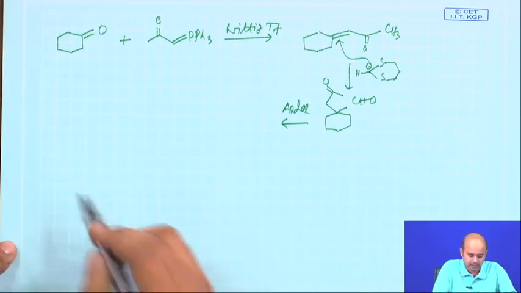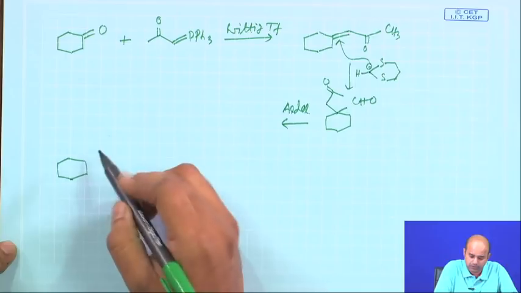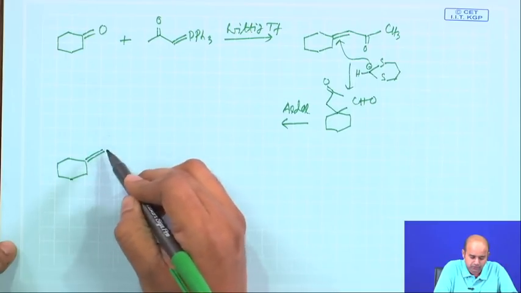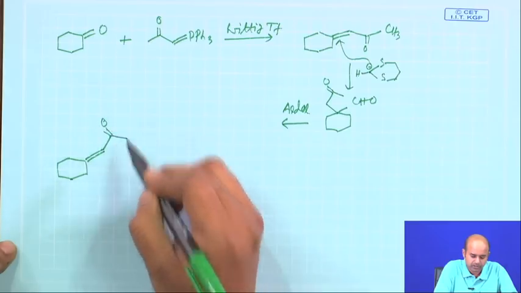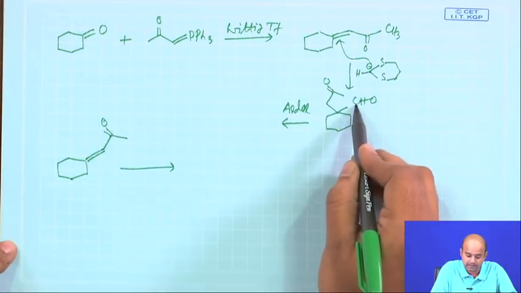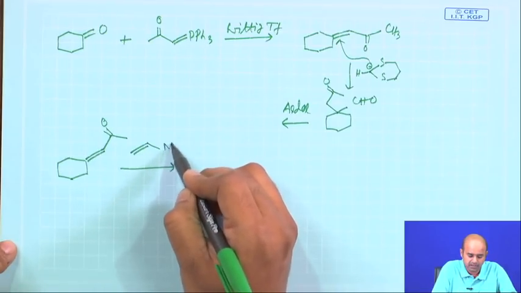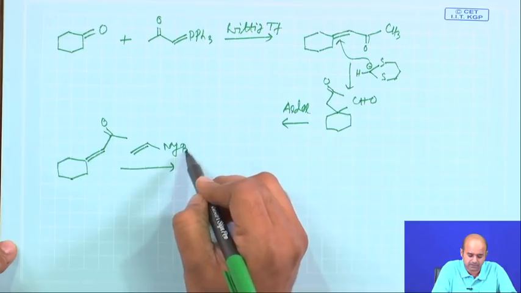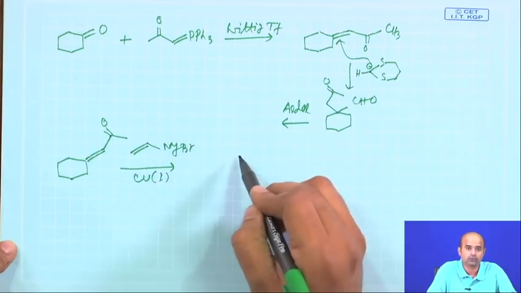There is another way you can do it. Let us see, you have cyclohexanone, you have already converted this to the corresponding compound, the same compound. I said you have to introduce an aldehyde here. What we will do is try a vinyl magnesium bromide reaction in the presence of copper to make it 1,4.